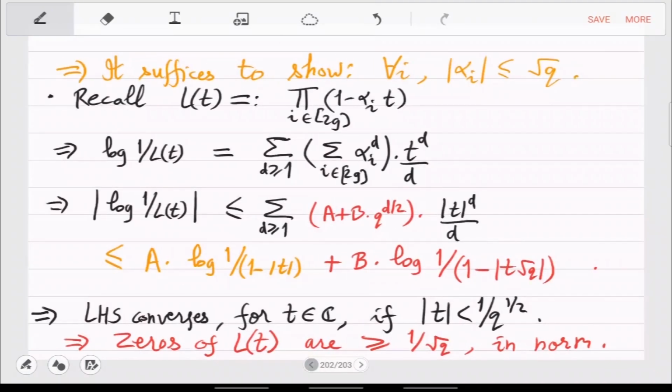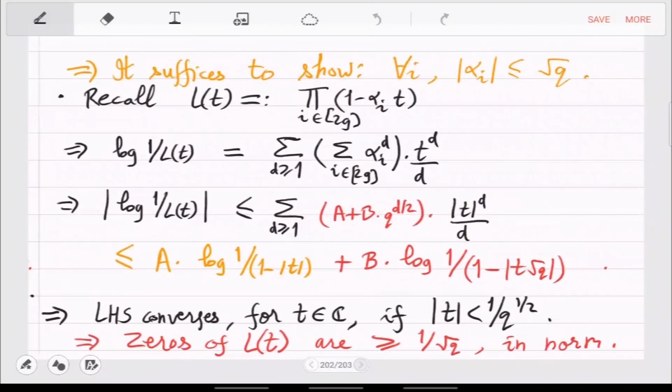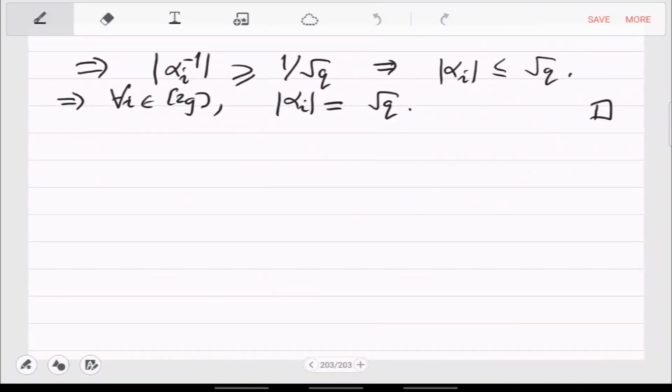Okay, so this finishes the proof. That's the Riemann hypothesis for ZTC.